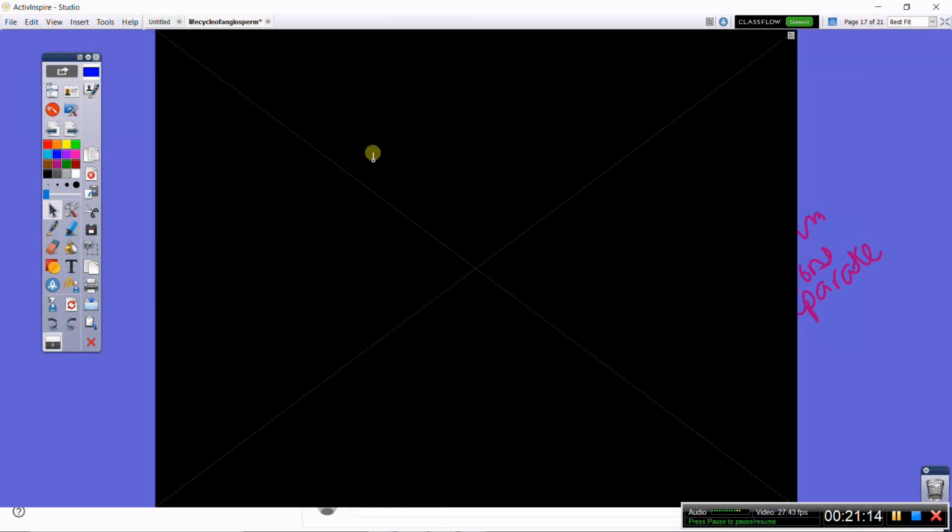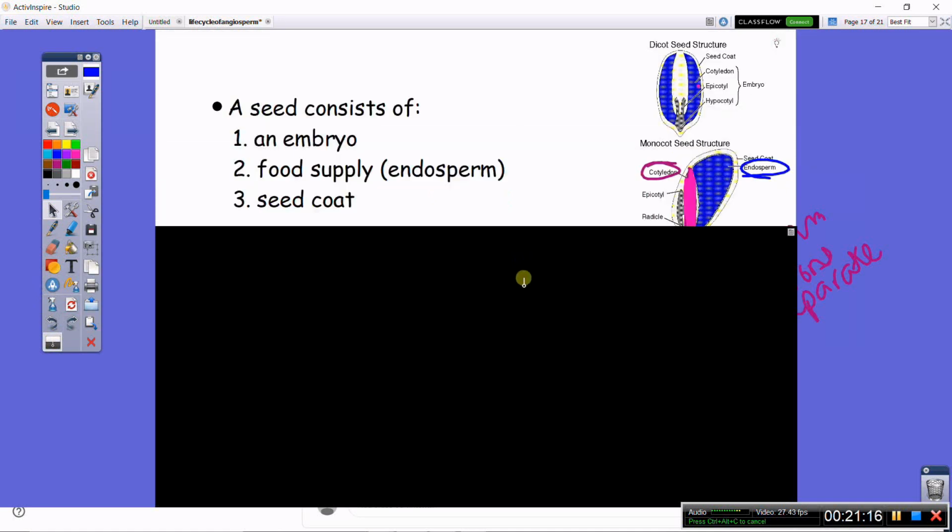Okay, let's talk a little bit about seeds and monocots and dicots here. So a seed is going to consist of an embryo, a food supply, which is going to be endosperm, and a seed coat.